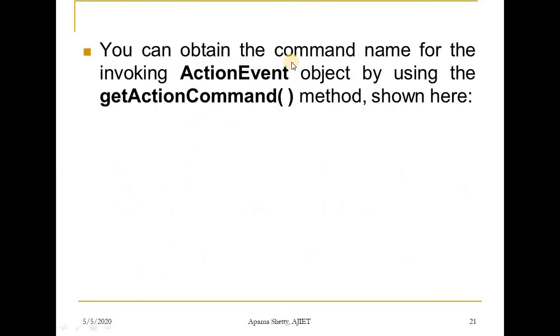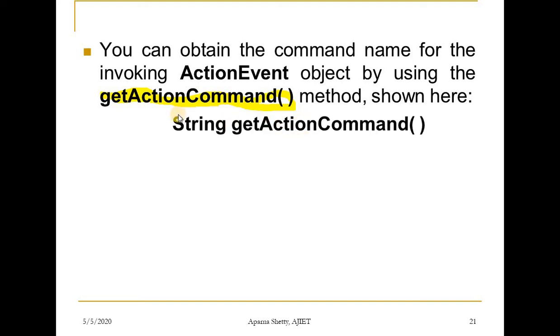You can obtain the command name for the invoking ActionEvent object by using the getActionCommand method. So the getActionCommand method will return the command name for the invoking ActionEvent object. This method returns a String, that is a string representing the command name.